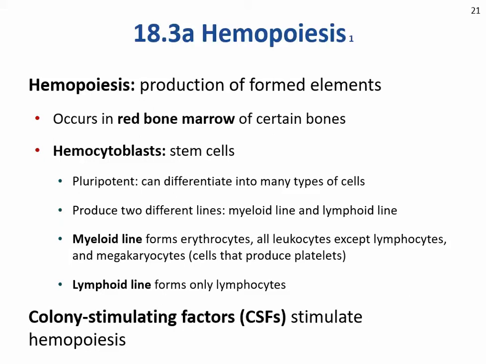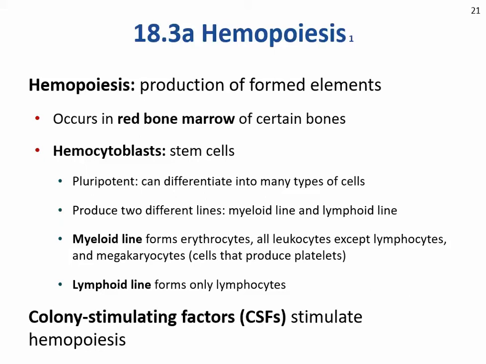They can become red blood cells, erythrocytes. They can become any one of the 5 different major categories of white blood cells. So they can become granulocytes or agranulocytes. They can become the cells that will give rise to platelets, which are called megakaryocytes.